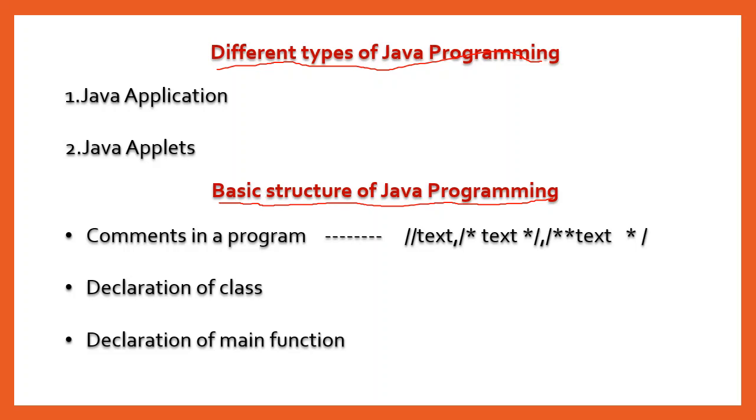By using the comment, you can write some description about the program. What is this program about? We can write some description so that anybody who looks at the program can understand. Instead of going through the entire program, by looking at that comment, they can understand, okay, this is about this program.